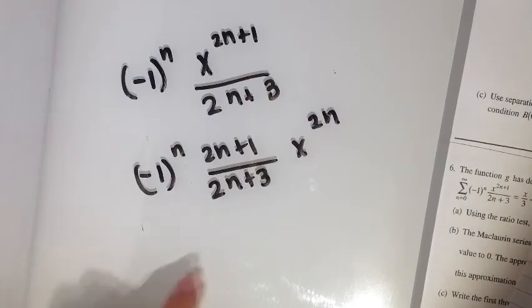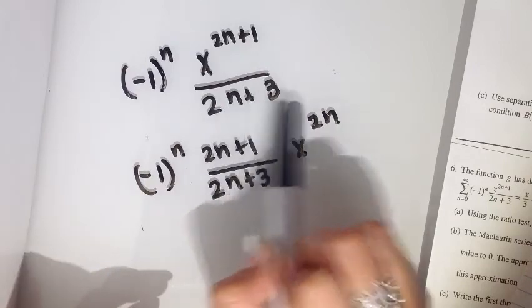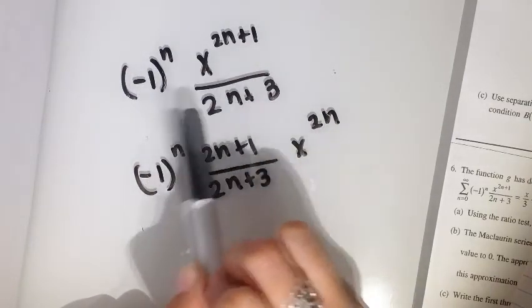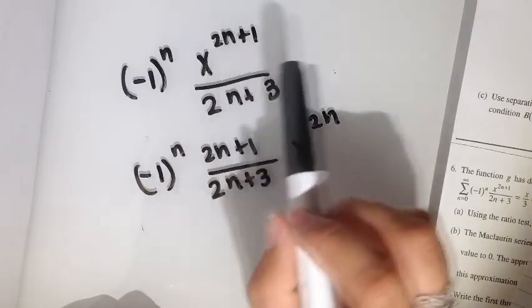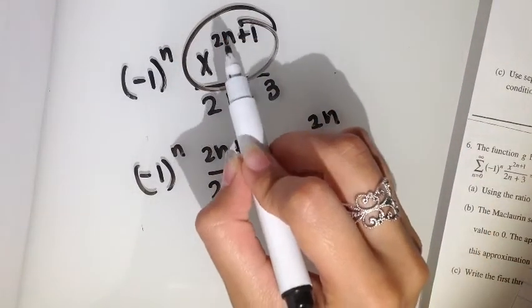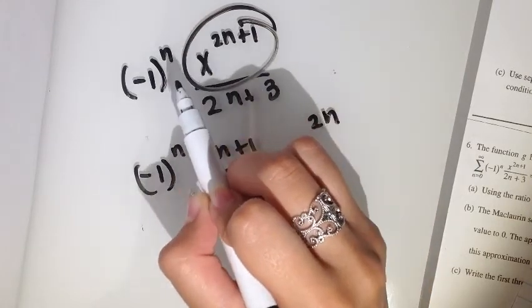Since this -1 to the n and this bottom denominator 2n plus 3 are constants, you don't take the derivative of those, you just rewrite them. This is your coefficient, so you would take the derivative of this, bring down the power and subtract 1.